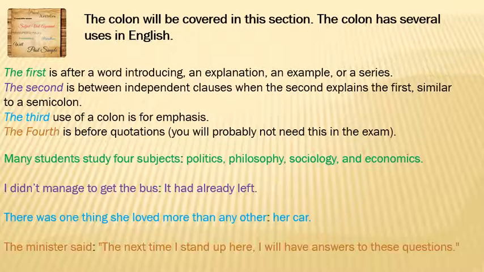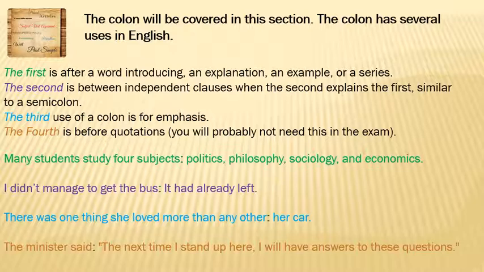The third use is for emphasis, and the fourth use is before quotations. As you can see here is a series: politics, philosophy, sociology, economics. They're all subjects. Many students study four subjects: politics, philosophy, sociology, economics. They could be a list of anything.